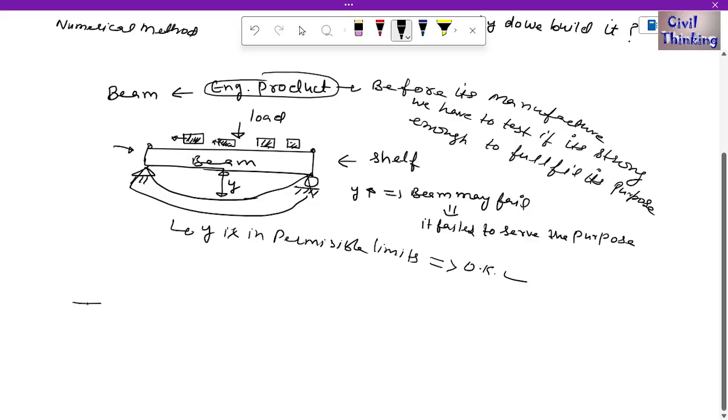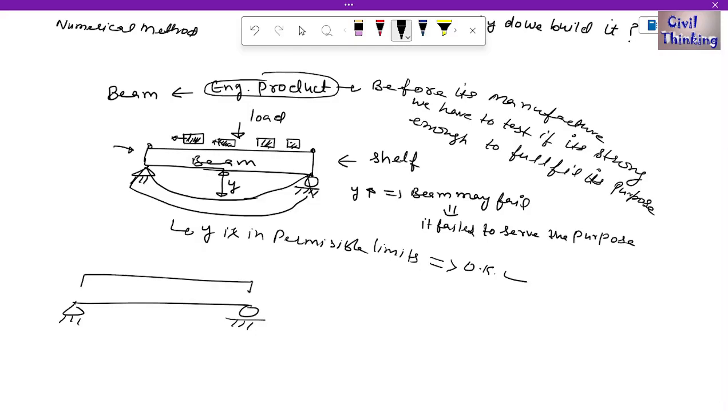For example, let me draw it as a line. Now when you apply a load on it, for example a UDL, let me tell you, I am explaining at a very basic level so that you understand the basics of the analysis, the basics of the Ansys program.